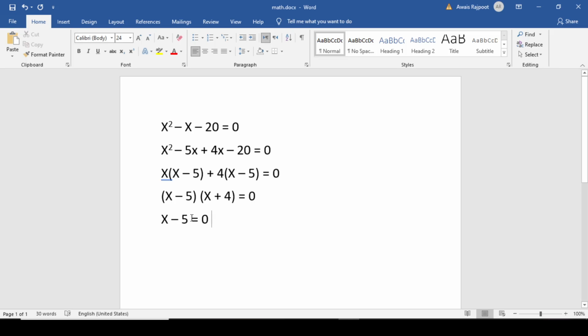This is minus 5 on the left side, so I will move it to the right side. x is equal to plus 5. This is our first answer. And what is the second answer? I will type a comma and solve this: x plus 4 is equal to 0.